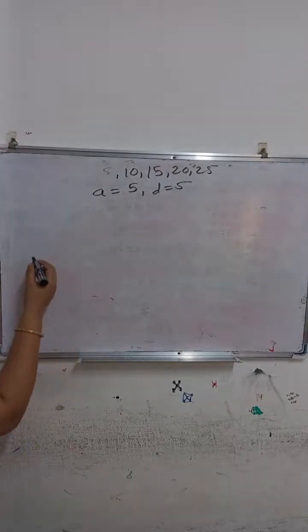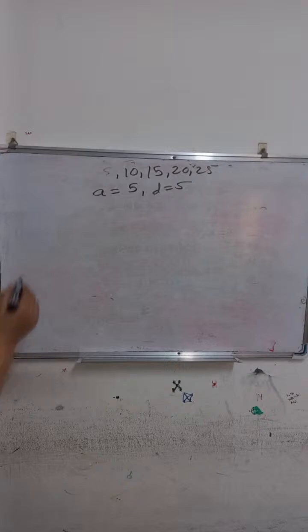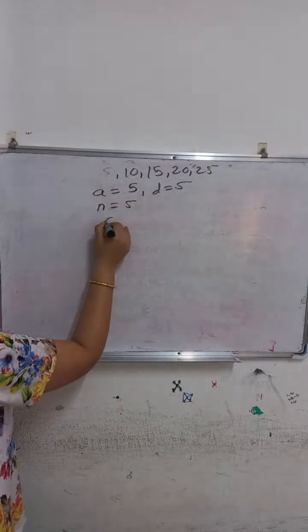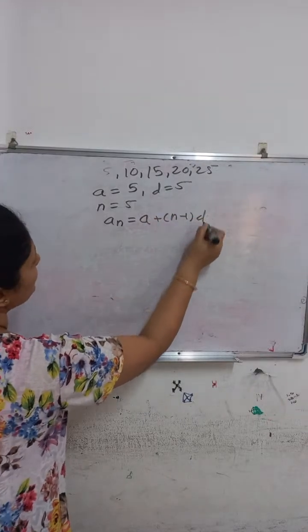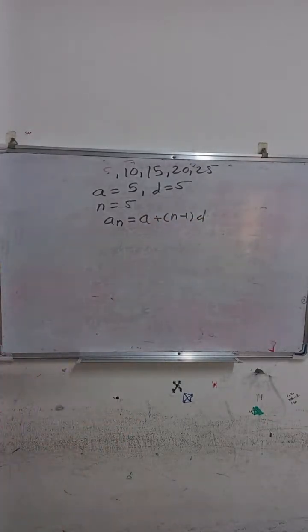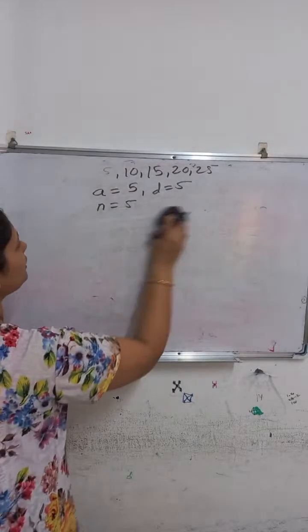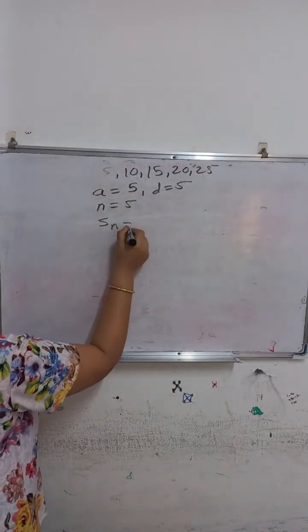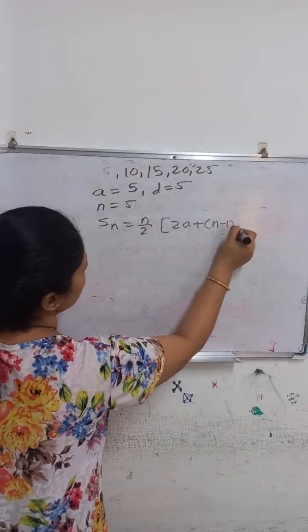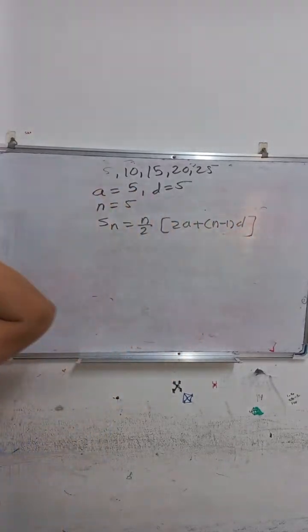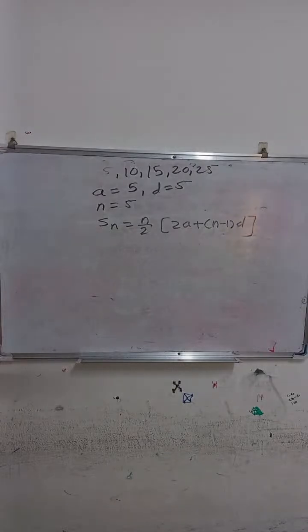And the last term is the fifth term, so an is equal to 25. You can use an is equal to a plus n minus 1 into d. What are they asking? The sum they are asking, no? Sn is equal to n by 2 into twice a plus n minus 1 into d. So everything we have, substitute the values and check the answer.